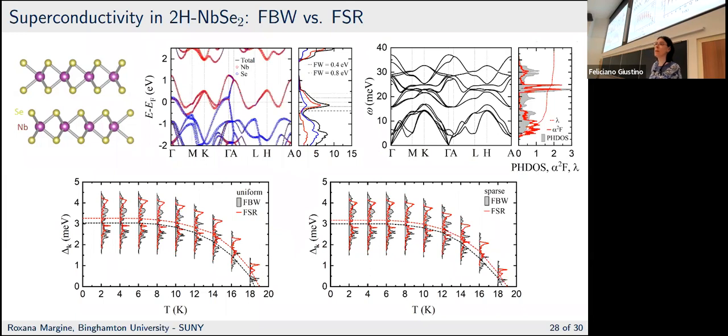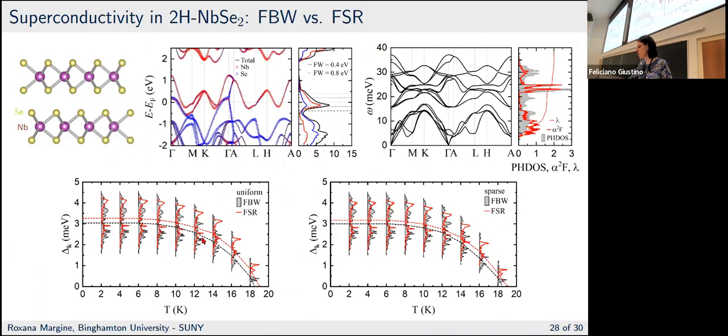So we need to more systematically look at materials that have large variation in DOS around the Fermi level to get a picture of when this full band weight method is more appropriate. One thing you need to keep in mind is that this is approximately 30% more expensive than the restricted Fermi surface approach.